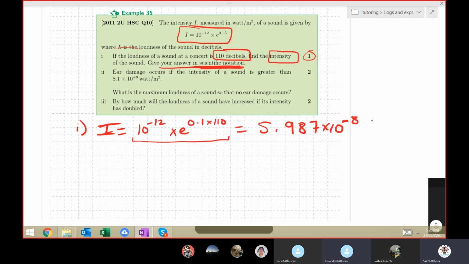I got 0.1234 zeros, 5987. So therefore it should be 5.987 times 10 to the power of negative 8. You start from here and then you count. So that would be 1, and you said 7 zeros. So 1 plus 7 zeros is negative 8.